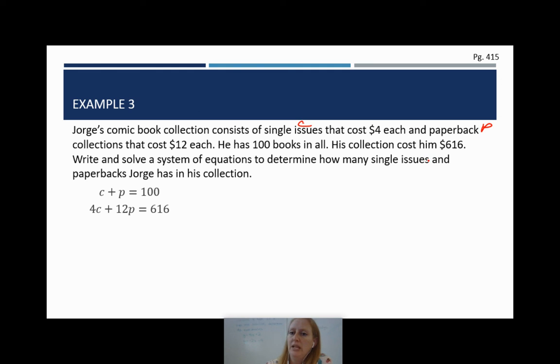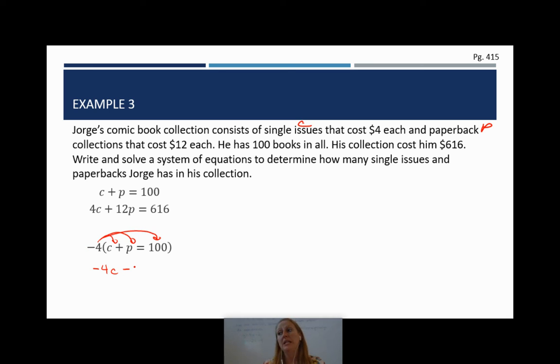Awesome. Now, I don't have opposites, so let's create some opposites. I reckon I can multiply this first equation by a negative 4, and that'll make the C's opposites, right? That'd work pretty well. So multiply everybody by a negative 4. So negative 4 times C is negative 4C.